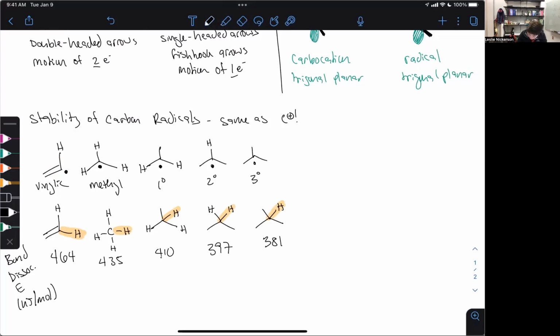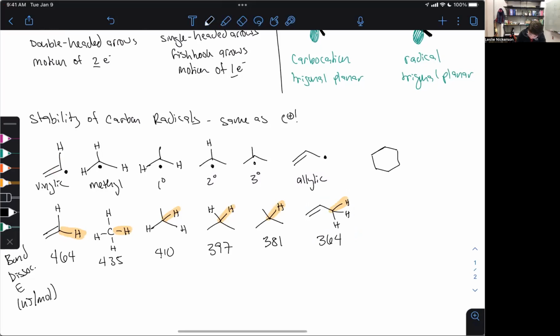And then just like carbocations, resonance is a big contributing factor to stability. So if I have an allylic radical, okay, and I'm looking at breaking one of those CH bonds that's in the allylic position, that takes me down to 364.